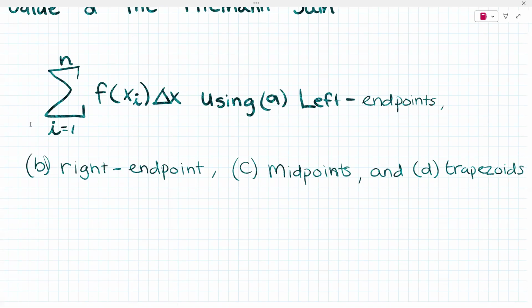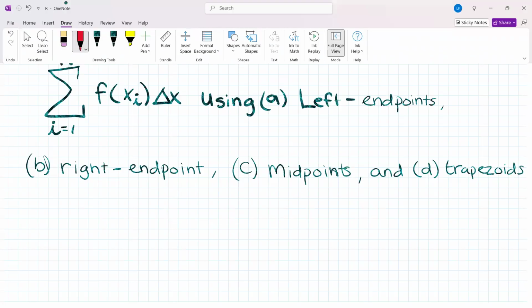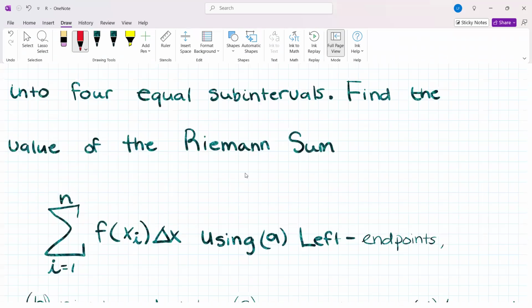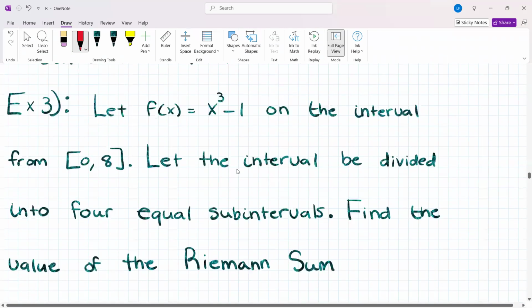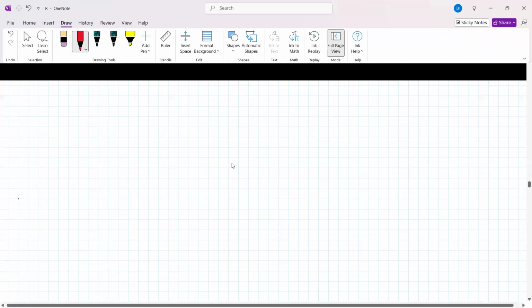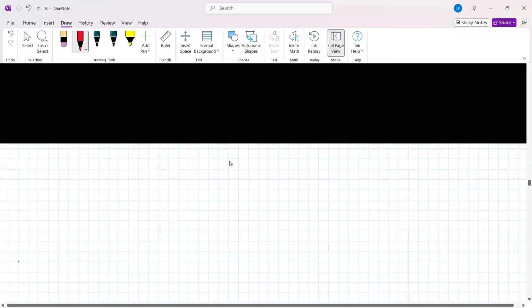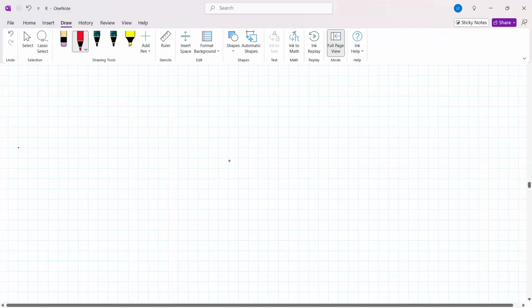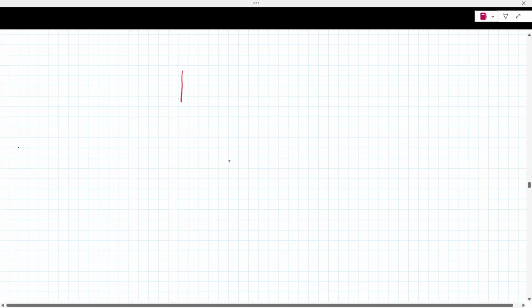So let's kind of draw our image. What does x cubed minus 1 look like? It looks like this. It's an odd degree graph.